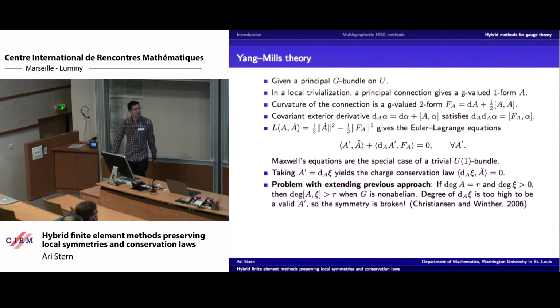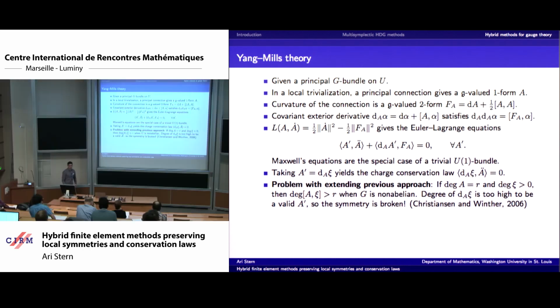And let me just briefly say what the problem is with the previous approach. Why can't you just naively do what we did for Maxwell's equations and use these finite element differential forms? Well, it has to do with this Lie bracket term. If I've got an abelian Lie group like U1, then the Lie algebra bracket is trivial.